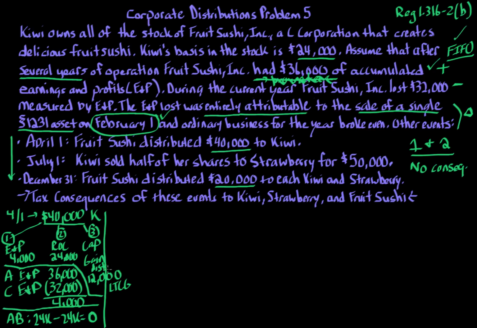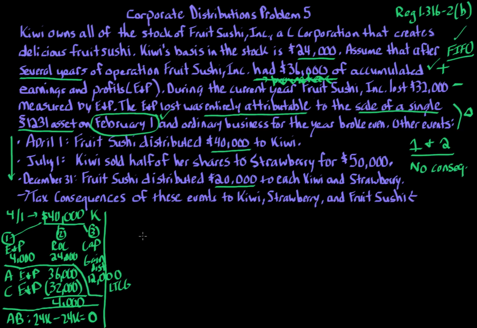So notice the tax consequences are much different. Here, we have a dividend of 4,000 and 12,000 long-term capital gain. In the other situation, we had a dividend of 28,000, and then we had $12,000 return of capital. Okay, so see how that works? It makes a difference. And again, the basis is adjusted. That's going to have an impact on later decisions.